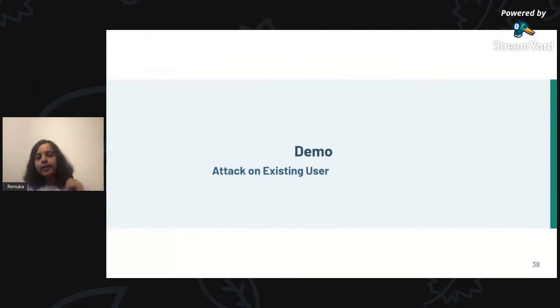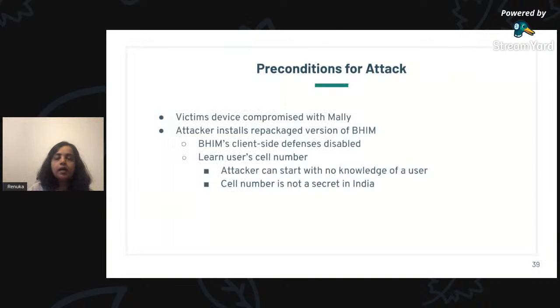Let's now take a quick look at an attack. A few preconditions for the attack to happen. We assume that the victim's device is already compromised with malware. The attacker, on the attacker's device, installs a repackaged version of the app with all of its client-side defenses disabled.